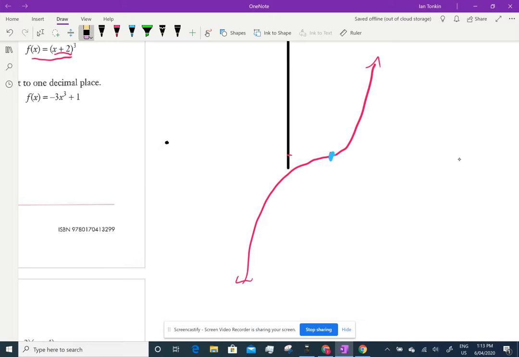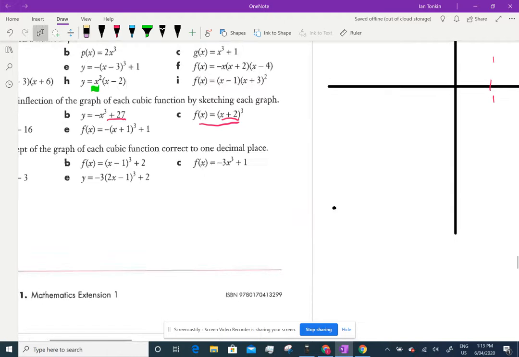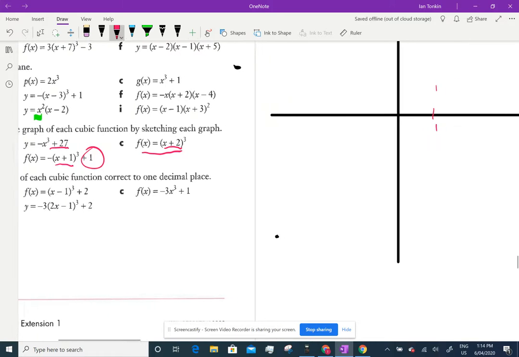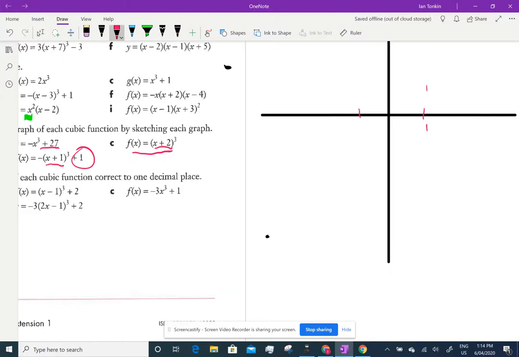The last one, you have a go at it. Have a look. What makes that 0 and how far has it moved up or down? And if you went, well, that makes that 0 is negative 1 and it's up 1. And it's a negative parabola.